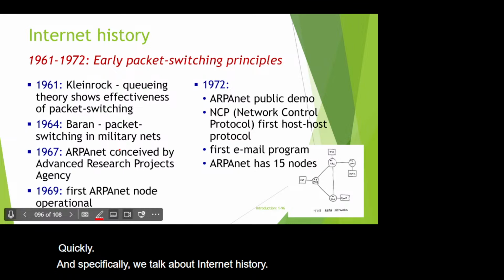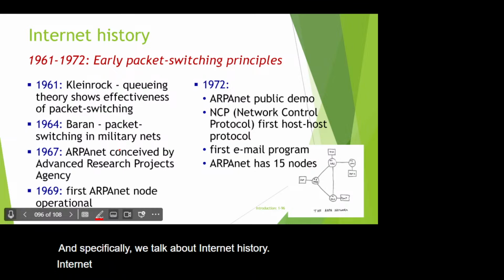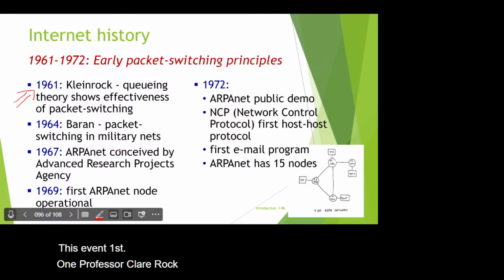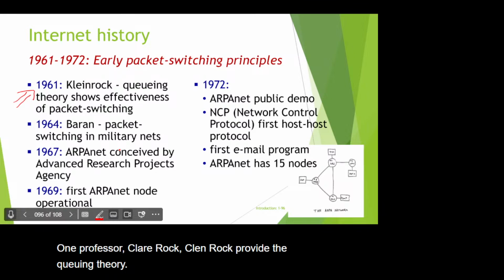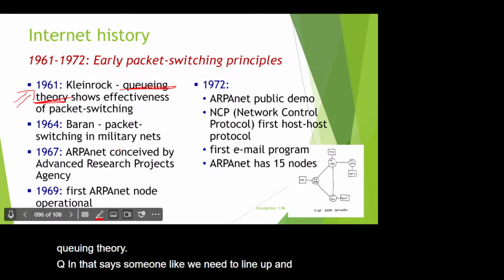Internet history, we start from this event first. One professor, Kleinrock, provided the queuing theory. Queuing says something like we need to line up and then wait for the service.